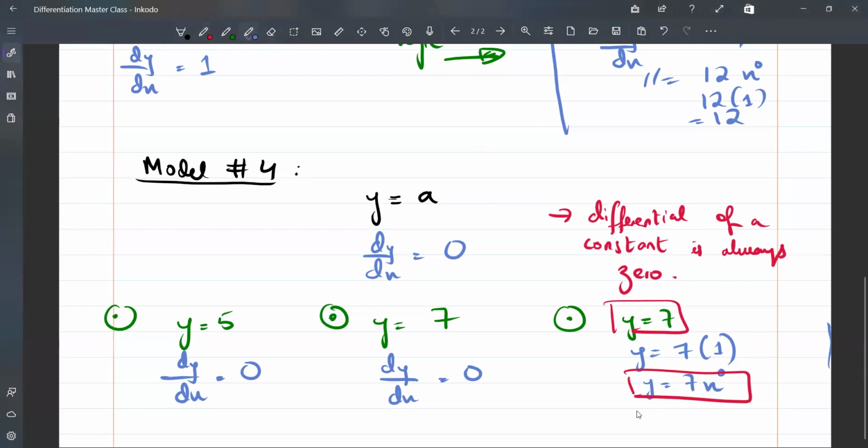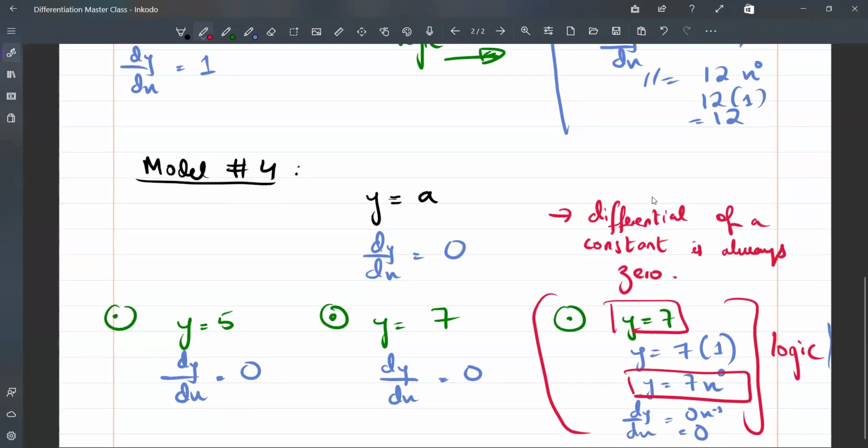All right, let's just differentiate it. dy over dx, 7 multiplied by 0 is 0, and x power minus 1. 0 into x power minus 1 is 0. So this is why the differential of a constant is always 0. All right, this is the logic. Even though it is not required, all you need to know is this.